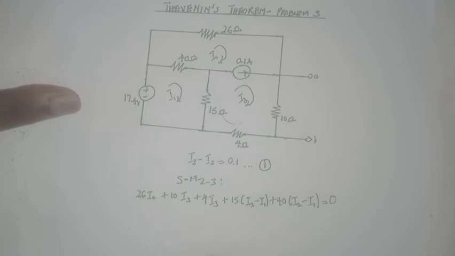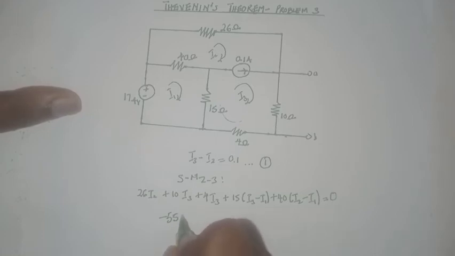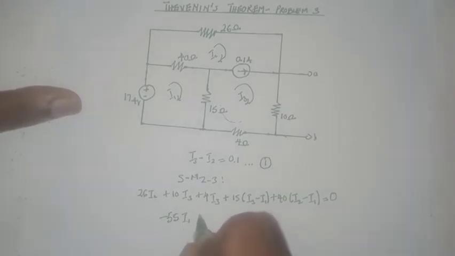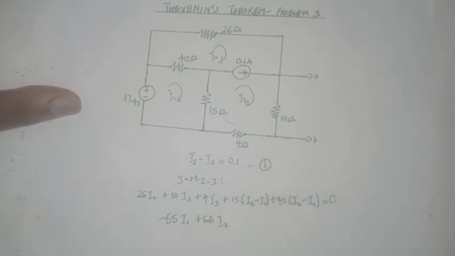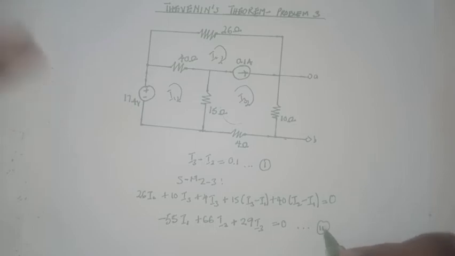With that, we can say that minus 55I1 plus 66I2 plus 29I3 all equal 0, and we can call that our second equation.